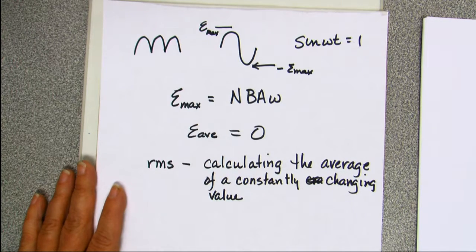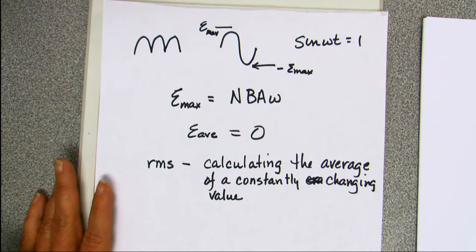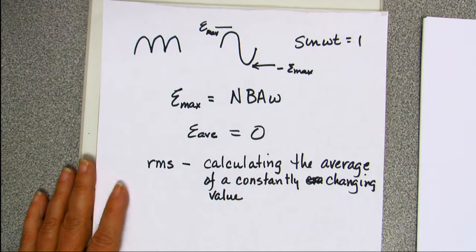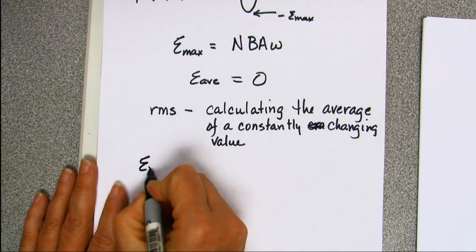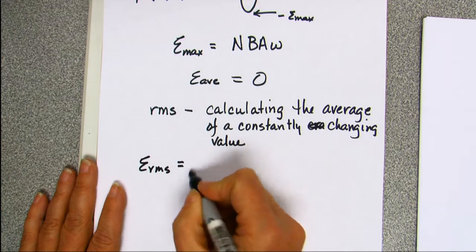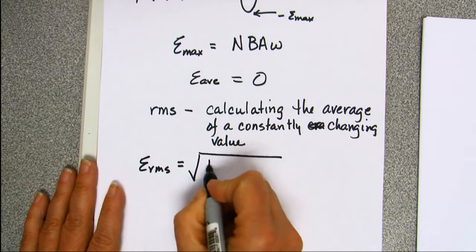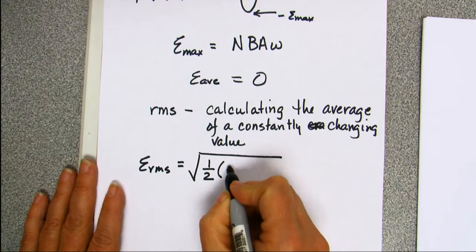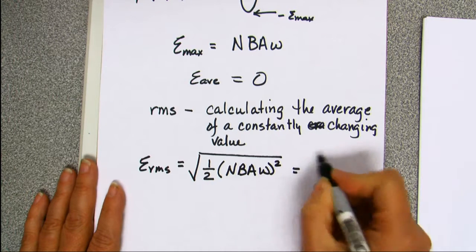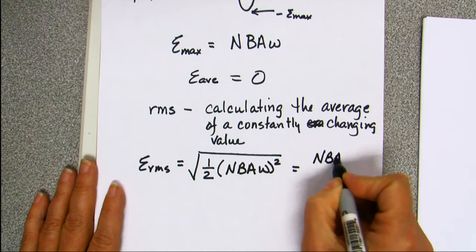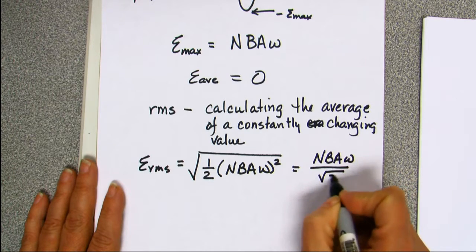Okay, the root mean square is calculating the average of the constantly changing value. So it's a better way of looking at what's happening. So if I'm going to do that, the root mean square comes out of taking 1/2 of my NBA omega squared, and I end up with my NBA omega divided by the square root of 2.